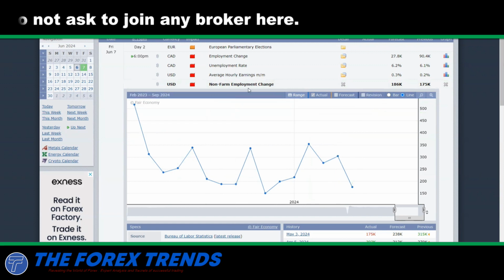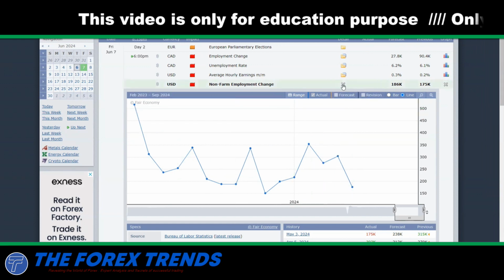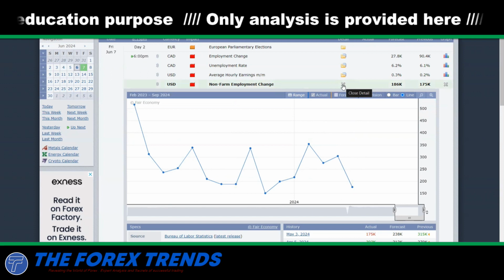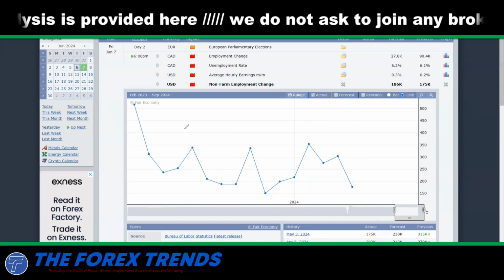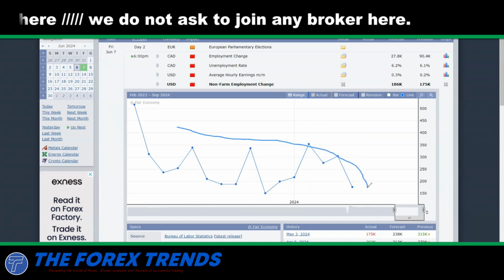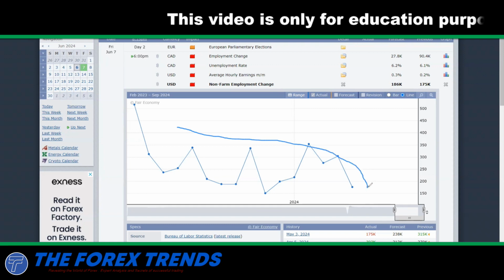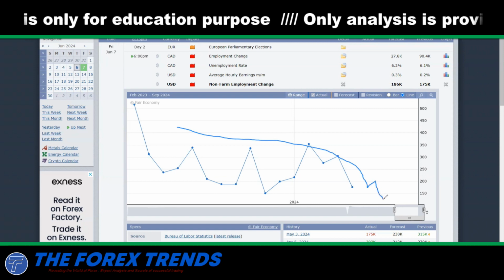Definitely this news will provide extra volatility in the market tomorrow, so be ready for that. If you see the graph of the NFP, it is continuously cooling down. So we may see even less employment in the USA tomorrow.